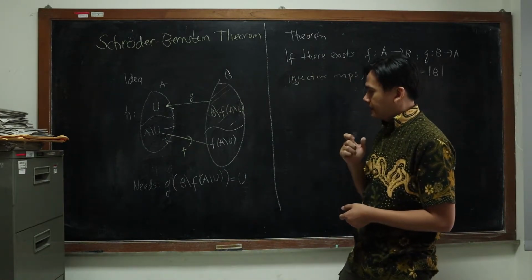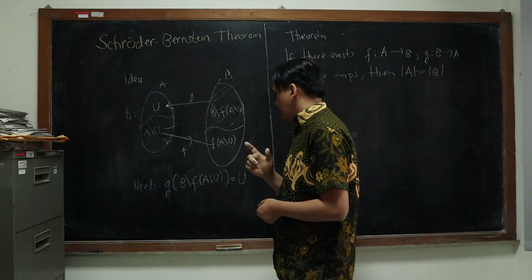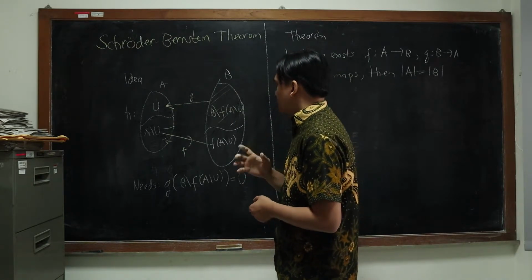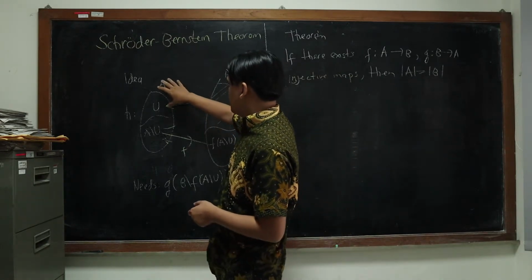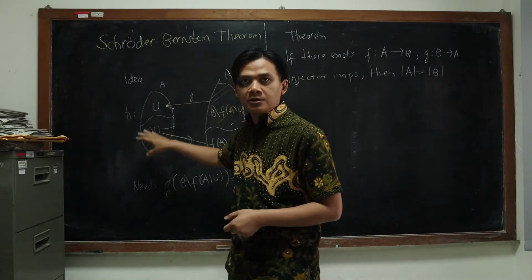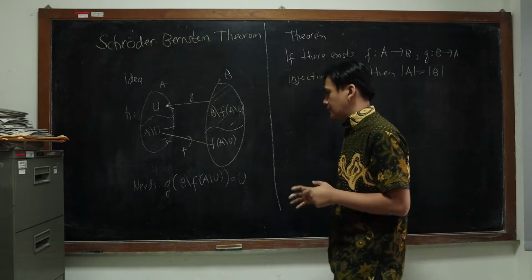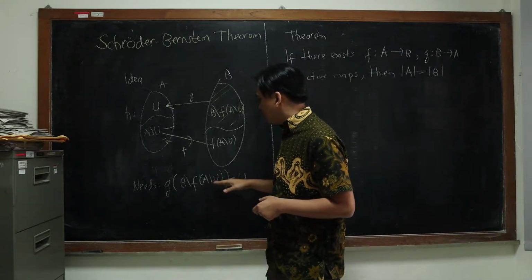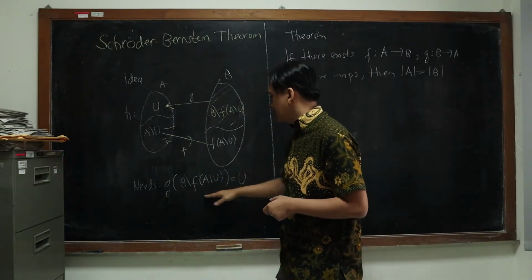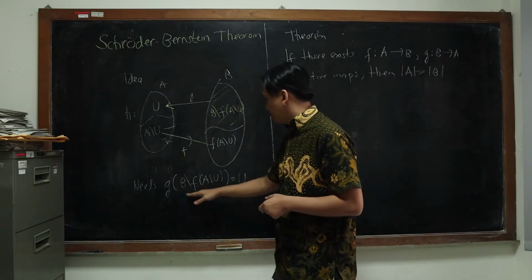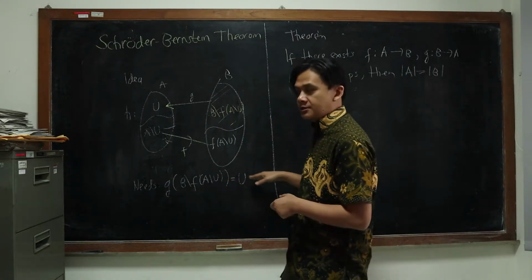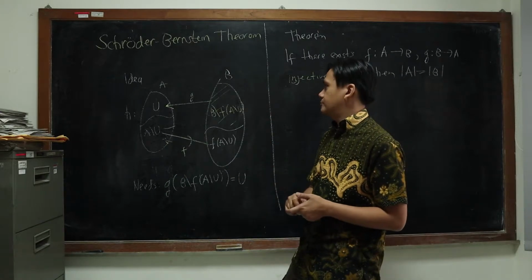So what we need is to split A into U and the remaining part where U has a certain property, namely that we are looking for the set U such that the image of this thing under G is equal to U.